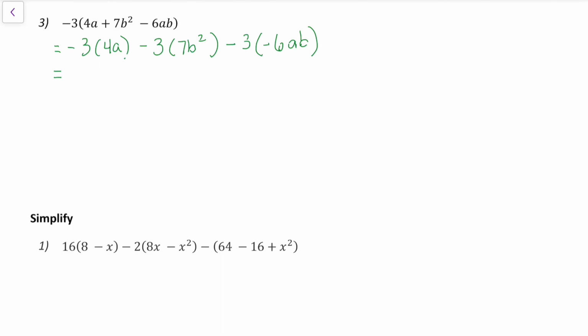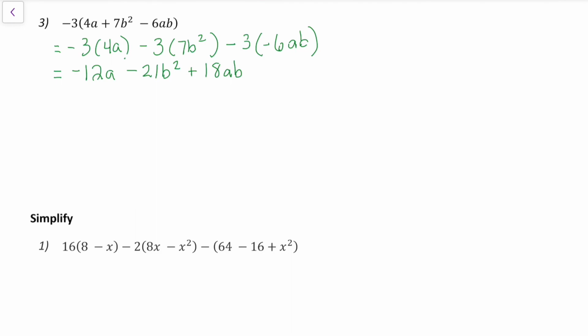So now I have a negative 3 times 4a is minus 12a. Negative 3 times 7 is negative 21b squared. And then negative 3 times negative 6 is plus 18ab. Again, I'm not seeing any terms that can be combined here, so I'm done.